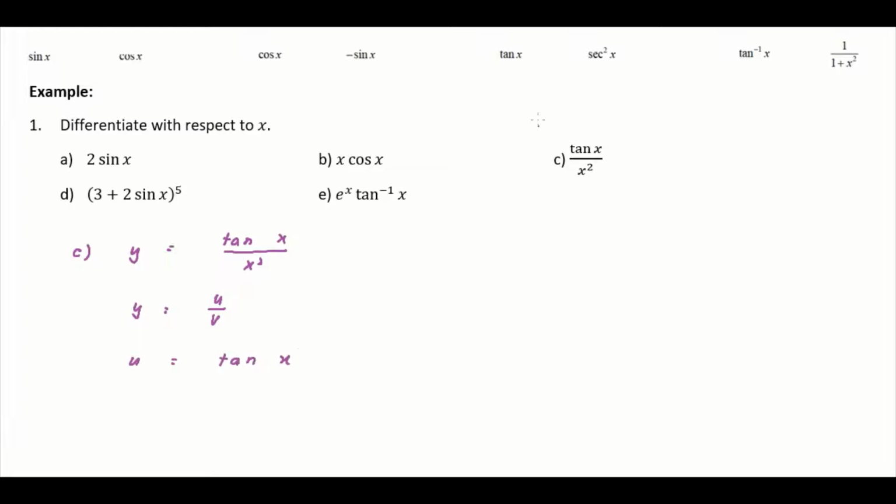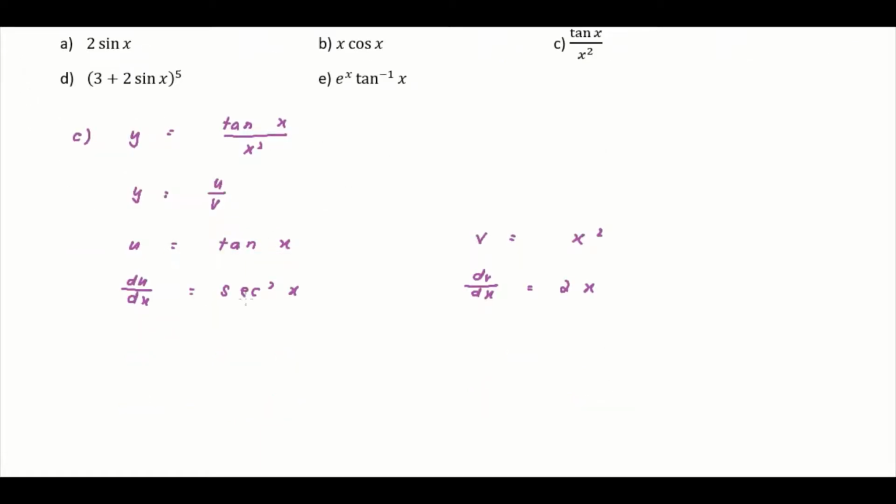So when you differentiate tangent, then you get secant squared. So du/dx equals secant squared x. So same thing, v equals x squared. So when you do differentiation, then you will get 2x. Okay, so next you can try to put them together.